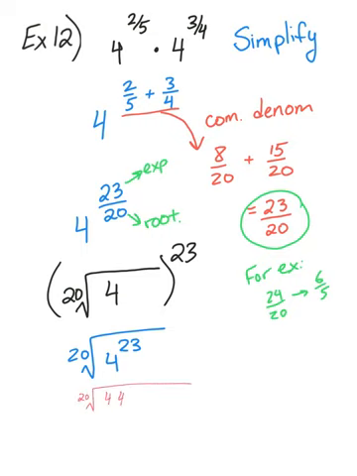4 times 4 times 4, 23 times. And the 20th root is telling me that I am looking for a group of 20. And I am going to get a group of 20. In fact, I'm going to get a group of 23.